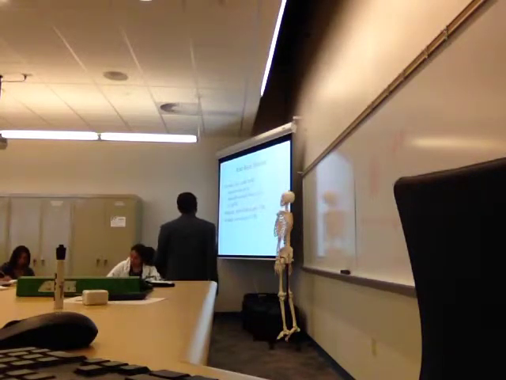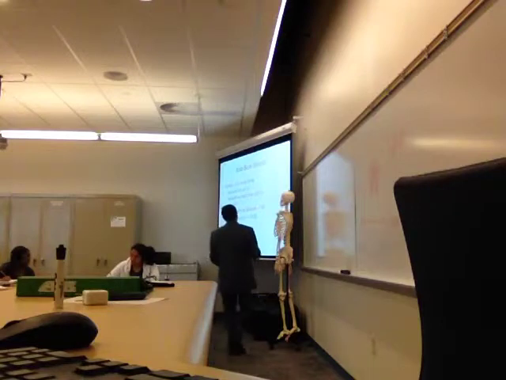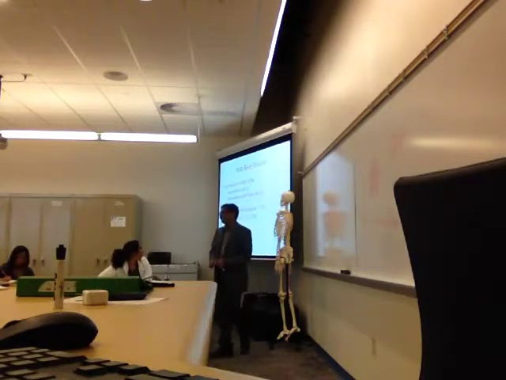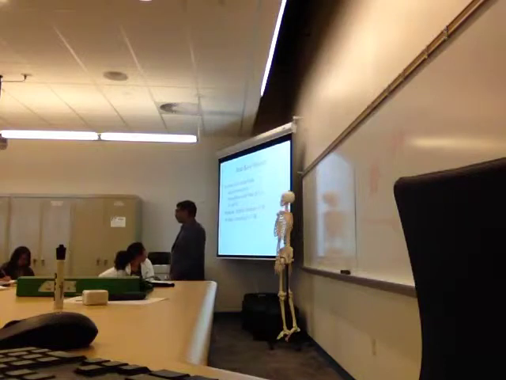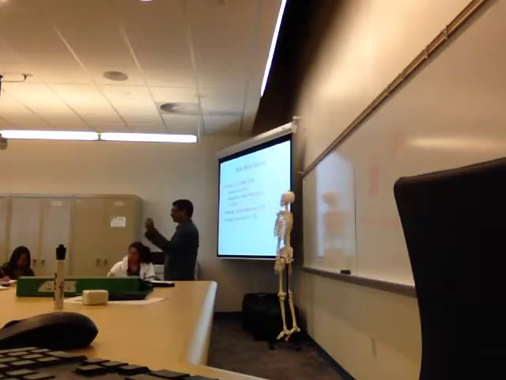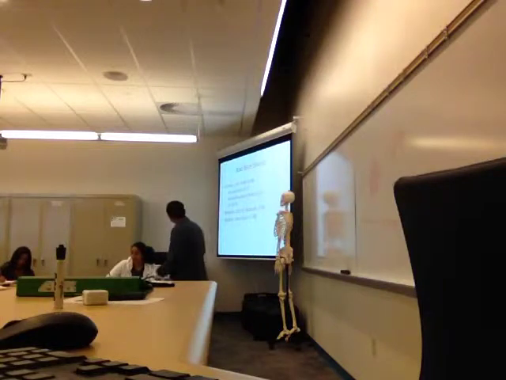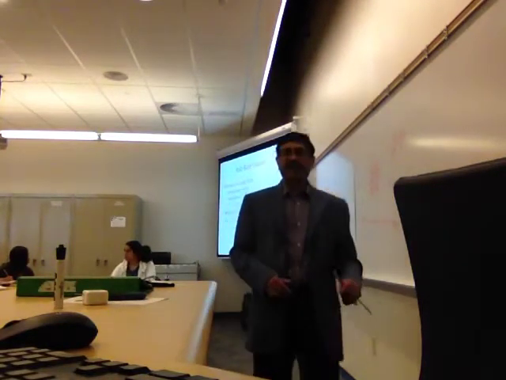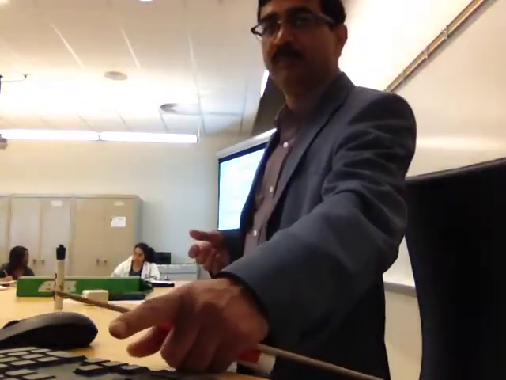Okay? If the arterial blood pH goes above 7.45, normally it is 7.40, that is alkalosis. Just remember that both are dangerous for our body, alkalosis as well as acidosis. That's why the pH must be maintained in our body.